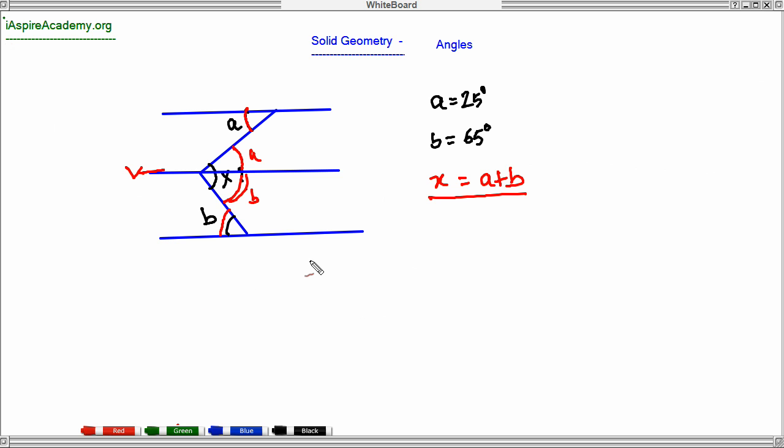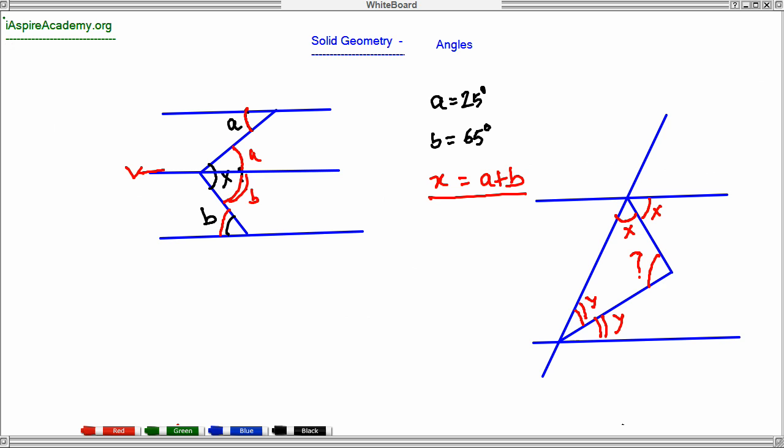So let's take another problem. Our second problem is a little bit more difficult than the first one. I have already drawn the diagram. We have a line, let's say AB, intersecting two parallel lines, this line and this line. And then we have, let's put something, DEF.